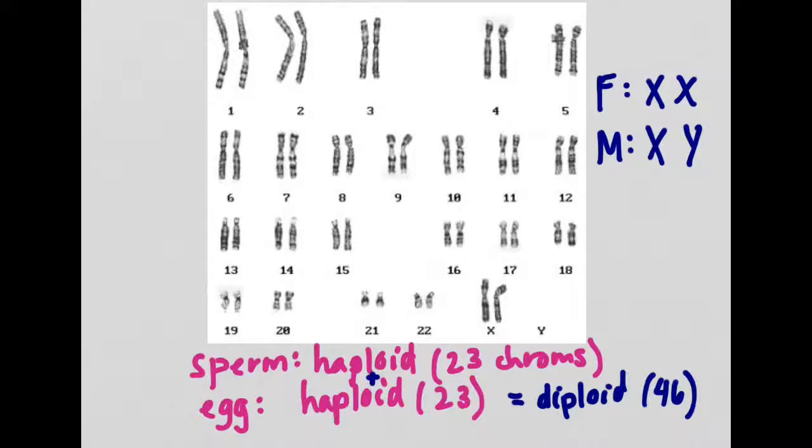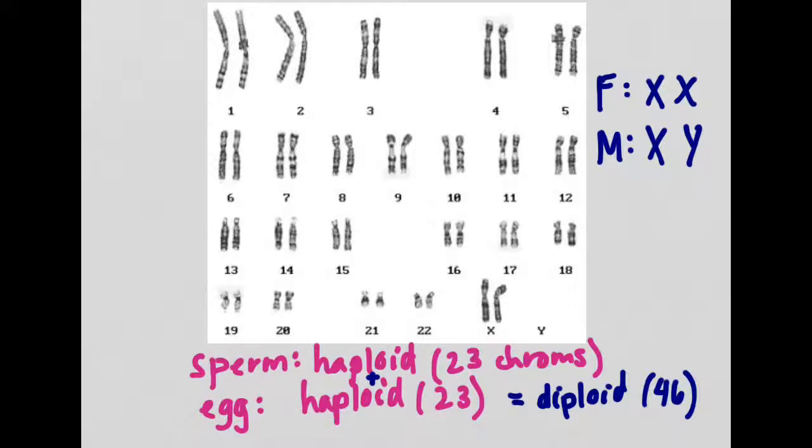And the reason this is the case is because all eggs are always going to carry an X chromosome. And sperm, about half of them are going to carry a Y, and half of them will carry an X instead of a Y. So half of the zygotes are going to be female and half of them will be male, and that's kind of why we have an equal number of males and females on our planet.